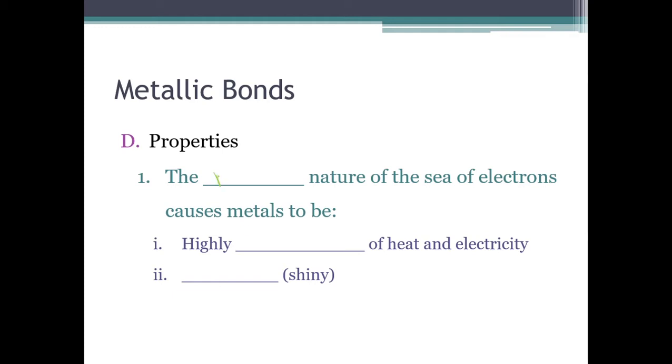So the mobile nature of the sea of electrons causes metals to be highly conductive of heat and electricity, and also very lustrous, very shiny, right? Metals are shiny. So the conductive part is pretty cool.